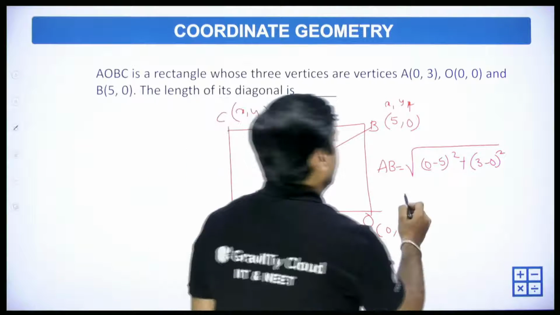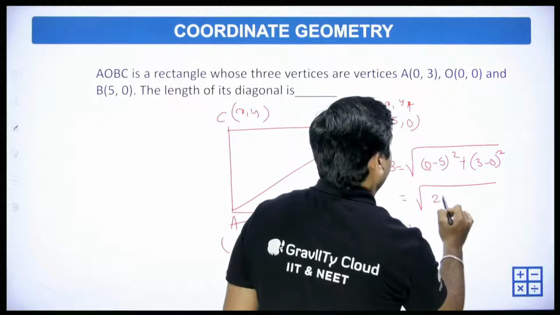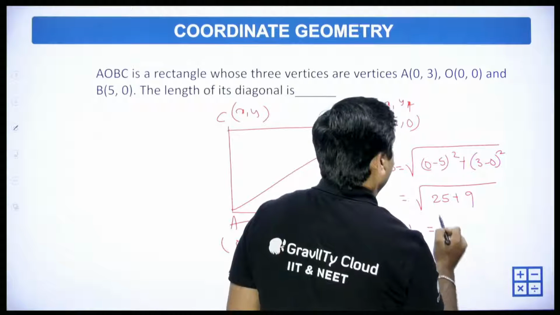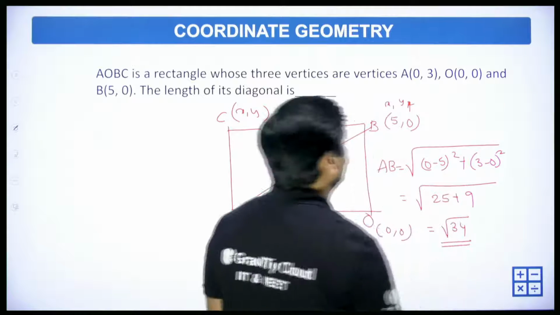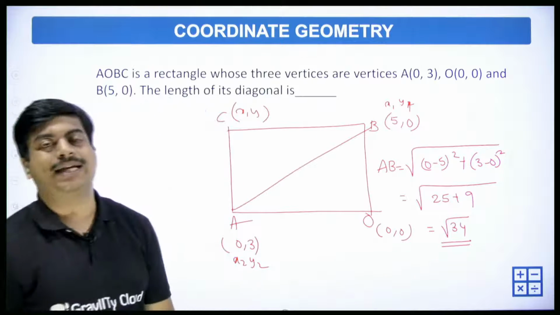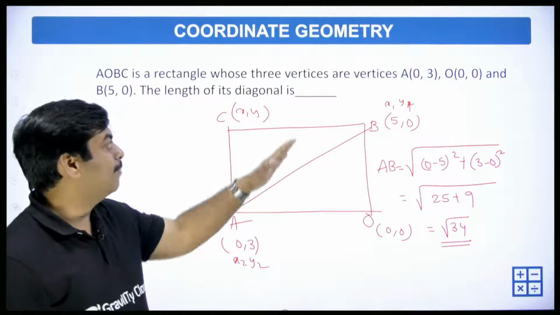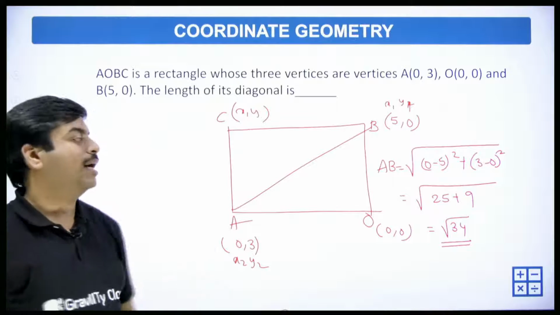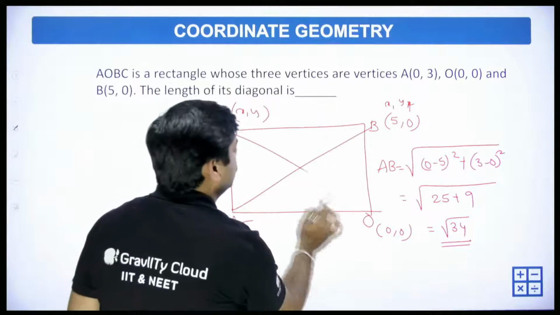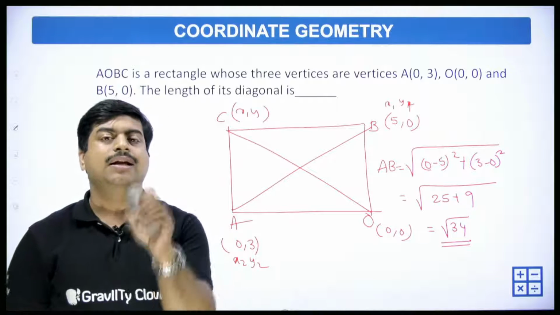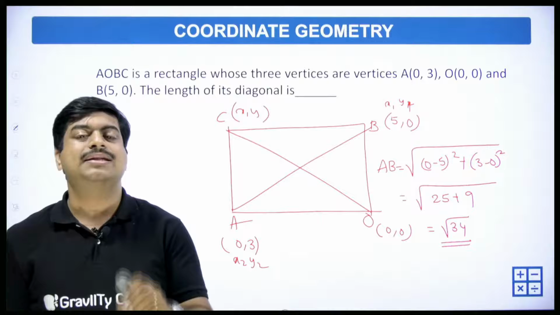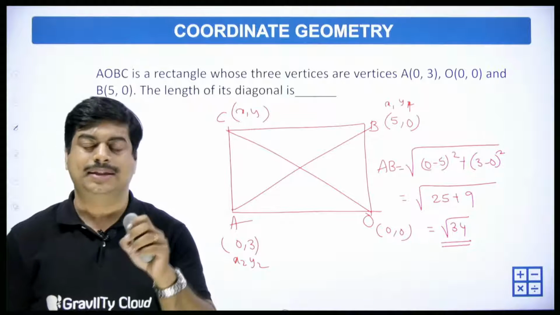So 0 minus 5 whole square is 25, plus 3 square is 9. Root 25 plus 9 is root over 34. So root 34 units is the length of the diagonal AB as well as the length of the diagonal OC. Even OC length will be root 34. In a rectangle, both the diagonals lengths are equal.